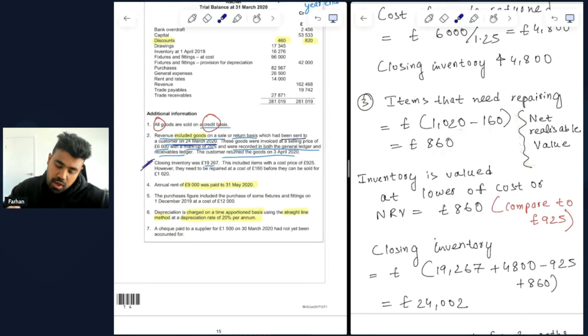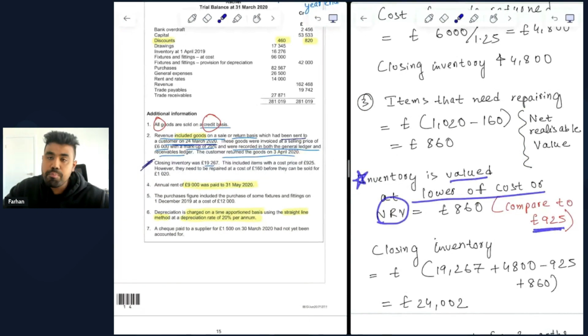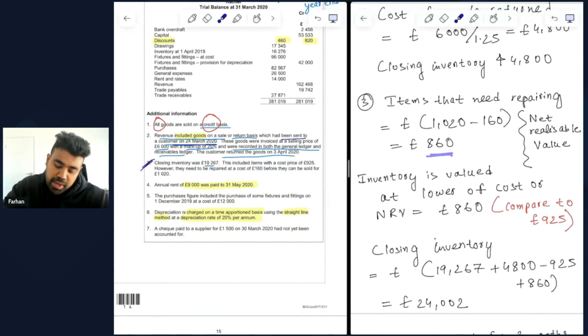We also know that inventory is always valued at the lower of cost or net realizable value. The cost given in the additional information for the items that need repairing is £925. Based on our calculations, the net realizable value was £860, which is what we calculated by taking the likely proceeds from selling these items and subtracting the costs to repair them.